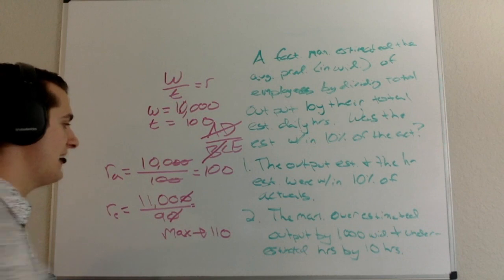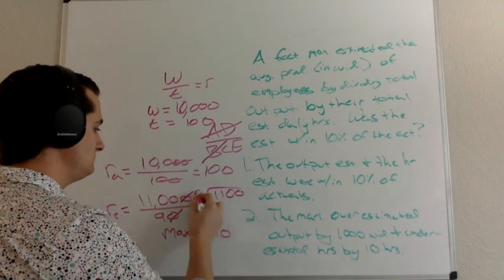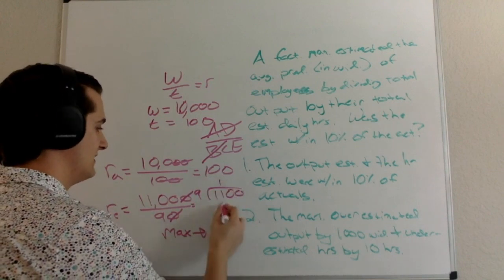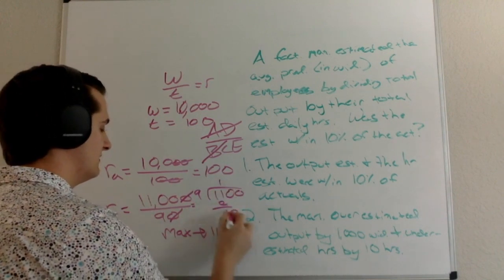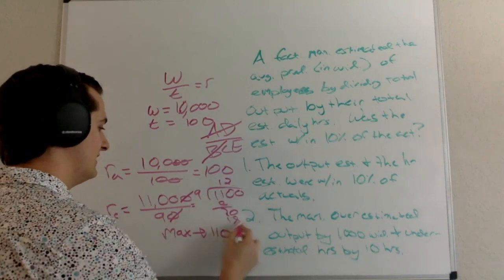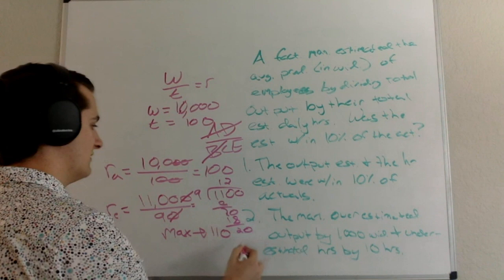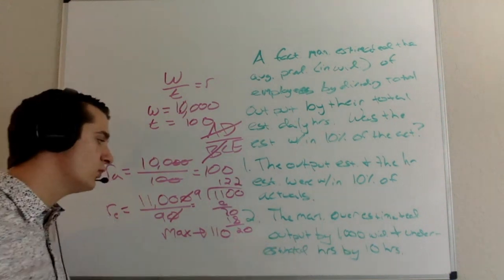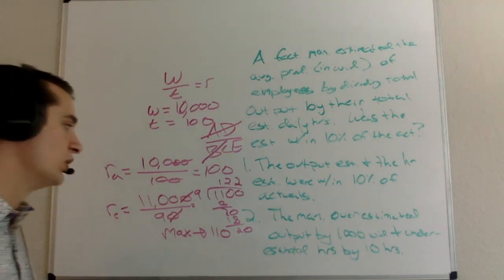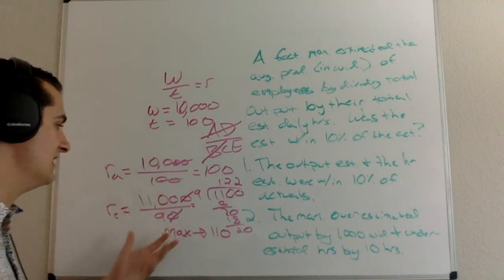And what happens is if I were to do the long division here, 1,100 over 9, 1, 9, 20, that's going to be 2, 18, and that's going to be another 2. And so it's going to be 122.2 repeating, which is the overestimate.